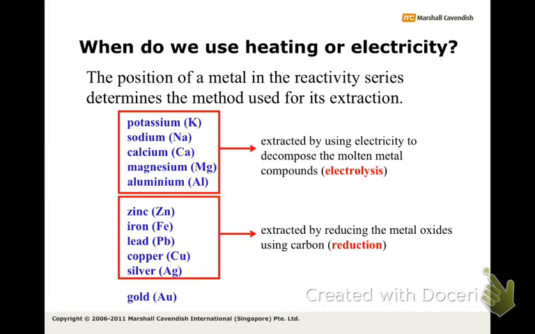Now the last one, gold or silver, some people say, are found naturally uncombined as a metal. Why? Because if you can recall, gold and silver are very unreactive. So you don't actually need to bother. You can just extract them out, process it, clean it up, and then you're good to go.